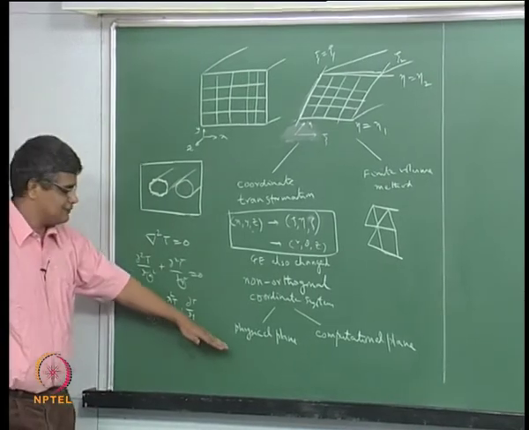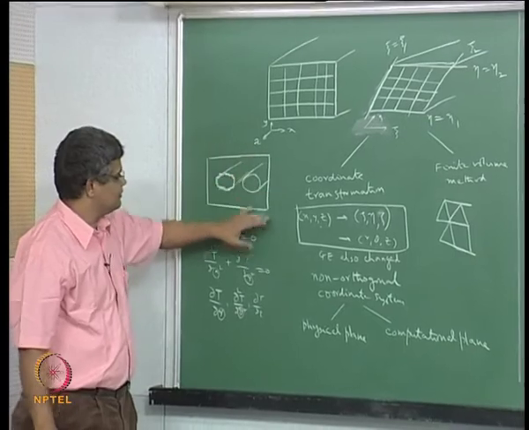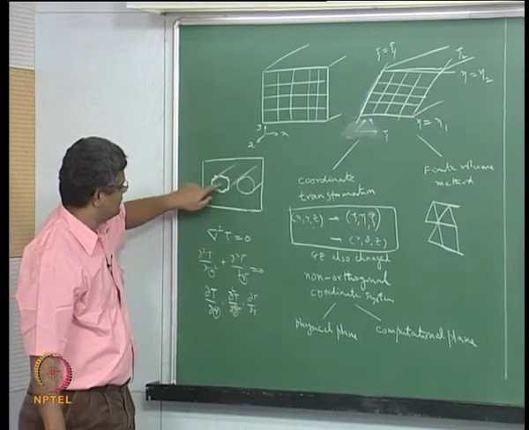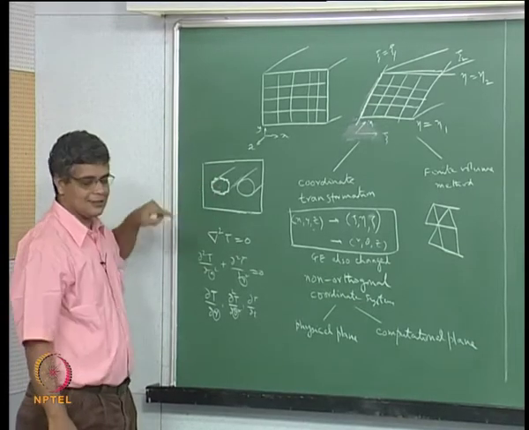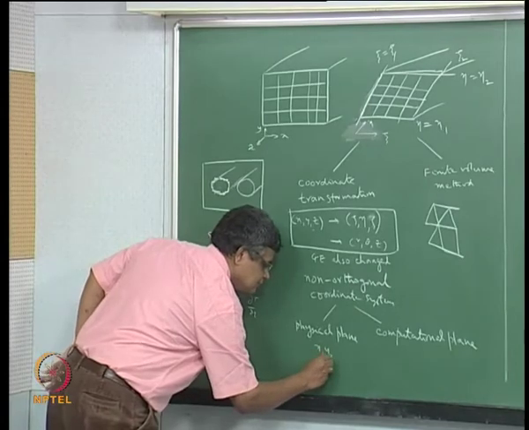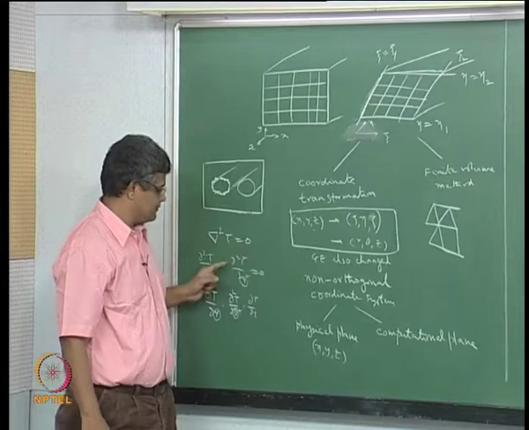Physical plane is the plane in which we describe our system. For example, this is our domain and this cylinder is placed here and this cylinder is placed here with the center of this and this radius is this and so on. So this is the XYZ plane. But we do not solve the equations in this plane.